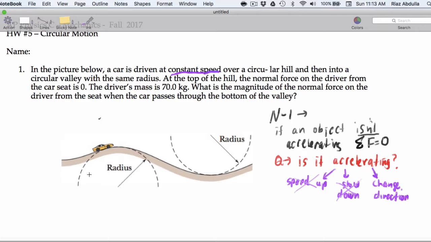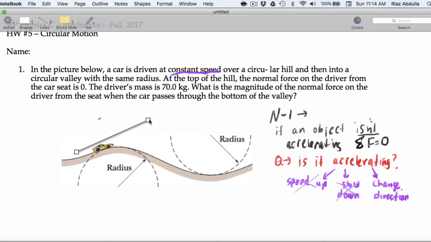so that rules out speeding up and slowing down. But look, it is actually going on a curve. When I say changing direction, I literally mean any deviation from absolutely perfect straight line motion. So this car, this is absolutely perfect straight line motion, and clearly this car does not follow that.